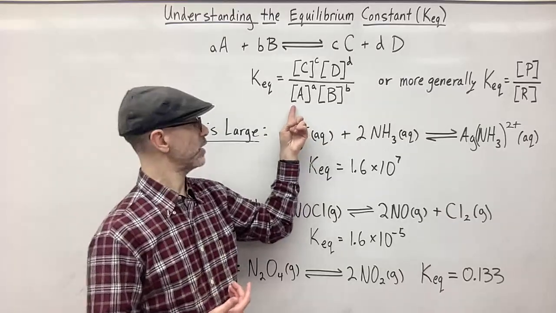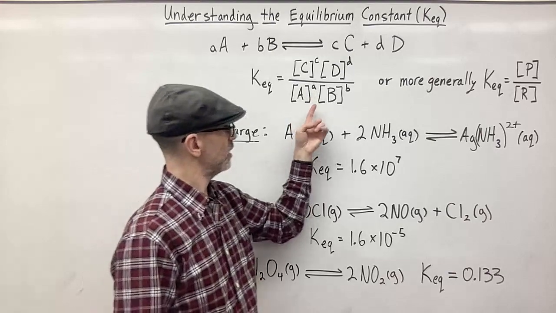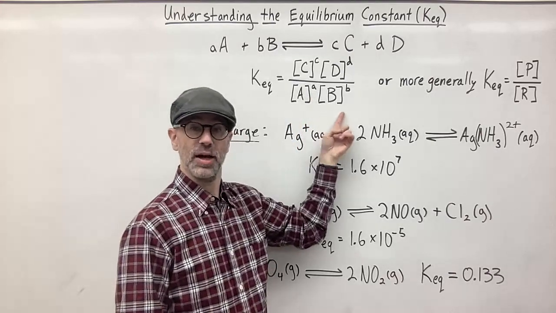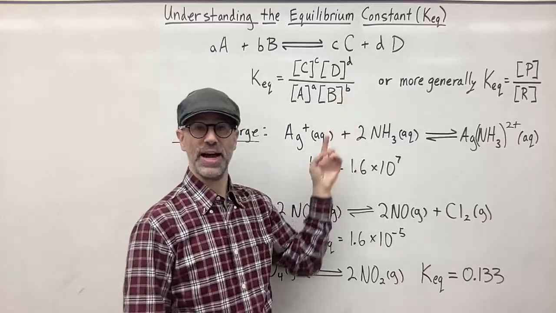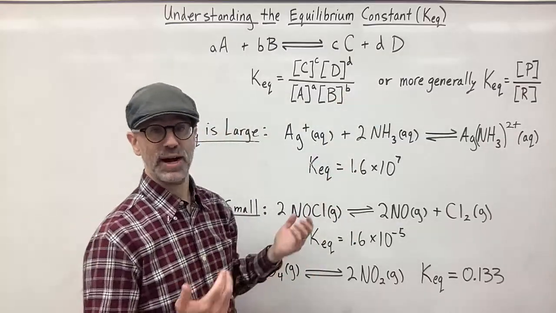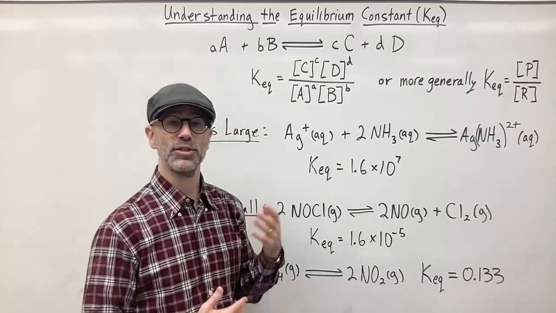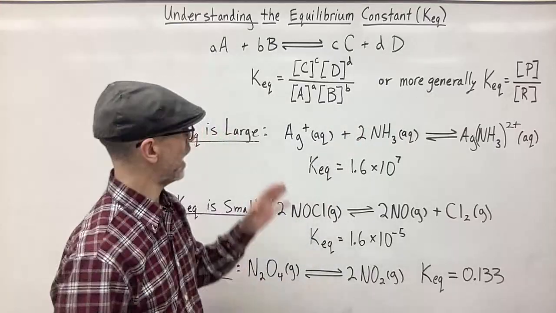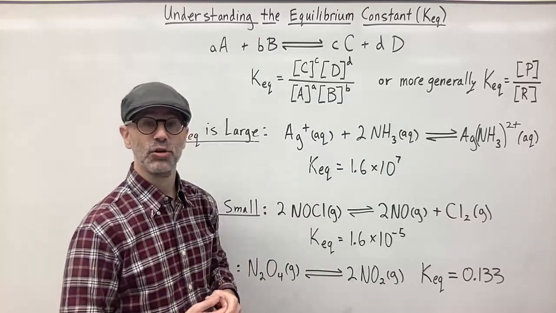The concentration of the reactant A raised to the A coefficient, multiplied by the concentration of B raised to the B coefficient, and so on. If I had a third reactant, it would be multiplied by the concentration of that reactant raised to its coefficient. So that is the expression, and that's how you calculate the equilibrium constant.